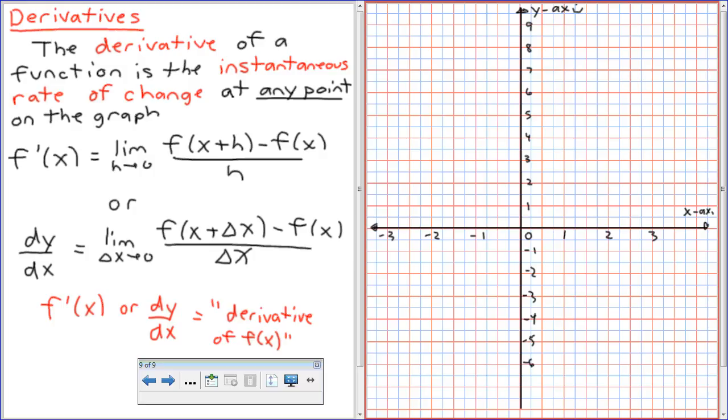After this first graph, we'll be using Desmos to visualize things, but I want to try and get you to visualize it yourself.